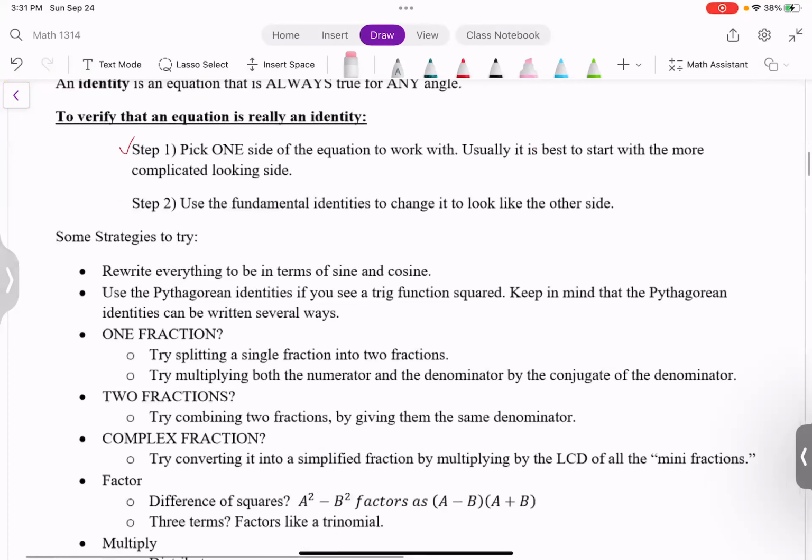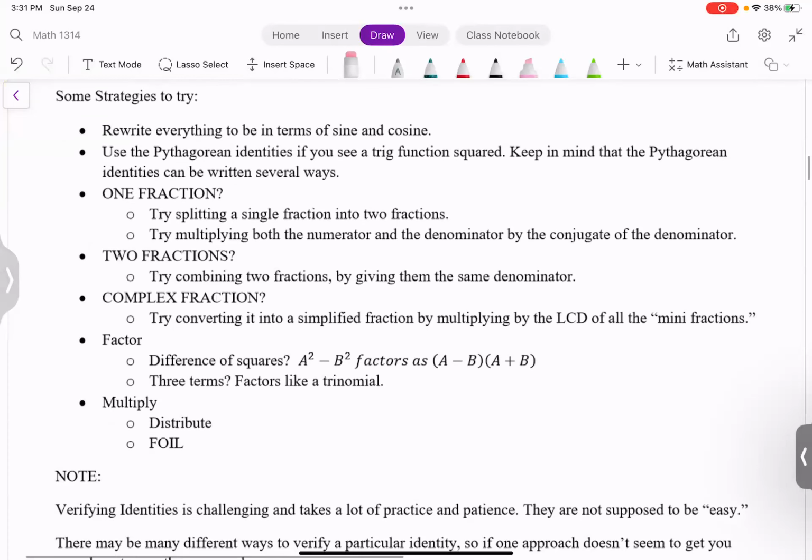All right, some strategies to try. We may use one or some of these identities to prove my identity. For example, rewrite everything in terms of sine and cosine. Not always, but if we have no other way, we can try to convert everything to sine and cosine.